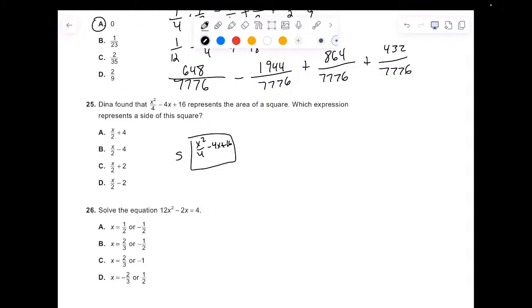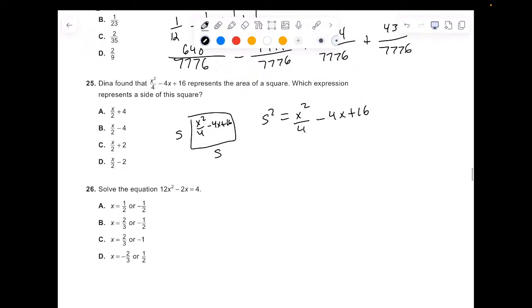Okay, so we have side. So side squared is equal to 16. Alright, and so a side is going to be equal to, what is this? Is this x over 2 minus 4?